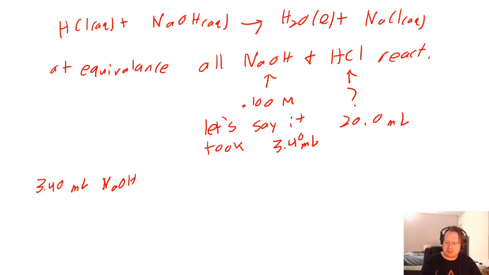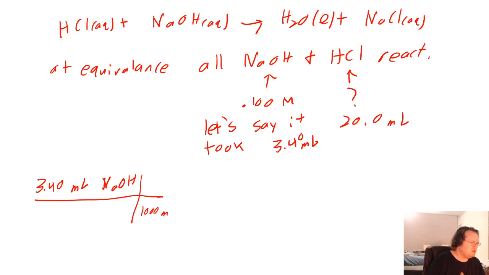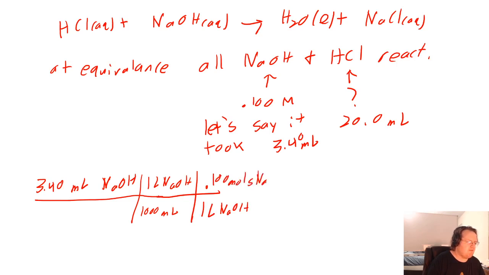So we've got to start with a substance where we know 2 of the 3. Here I know volume, I know concentration. Those 2 are enough to find moles. So we start by converting this to liters. 1,000 milliliters is 1 liter of sodium hydroxide. And then we know from our concentration that for every liter of sodium hydroxide, we're going to have 0.100 moles of sodium hydroxide.